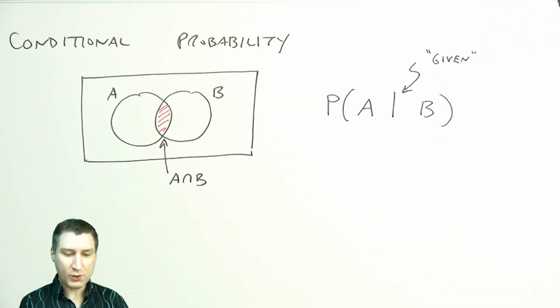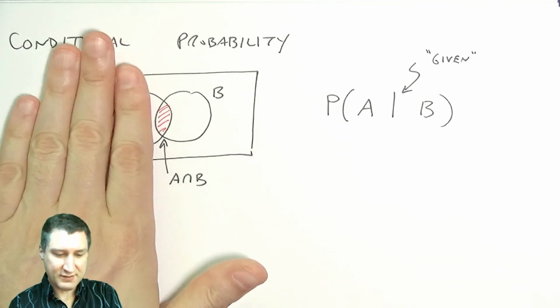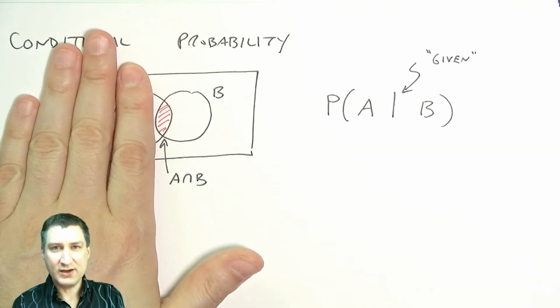I'm telling you that B happened, so given that, what's the probability that A also happened?